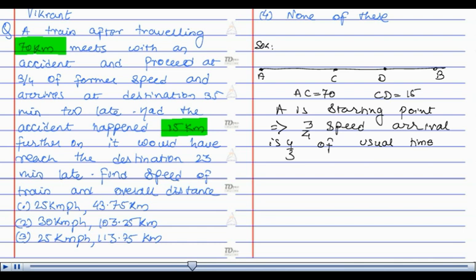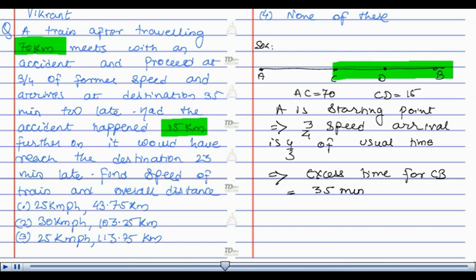So the excess time taken to travel the distance CB will be equal to 35 minutes, and for DB this time is 23 minutes. So we can say that the relative time will come out to be 12 minutes.